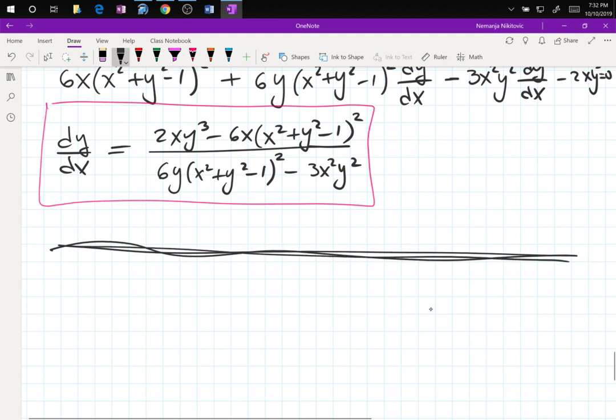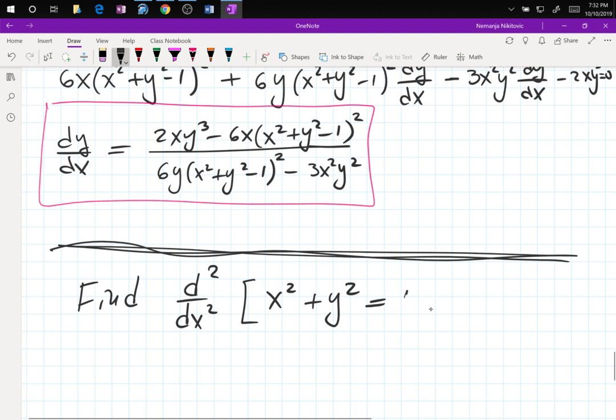Let's do the circle, okay? Find d2y dx2 of x squared plus y squared equals, let's say, 16.